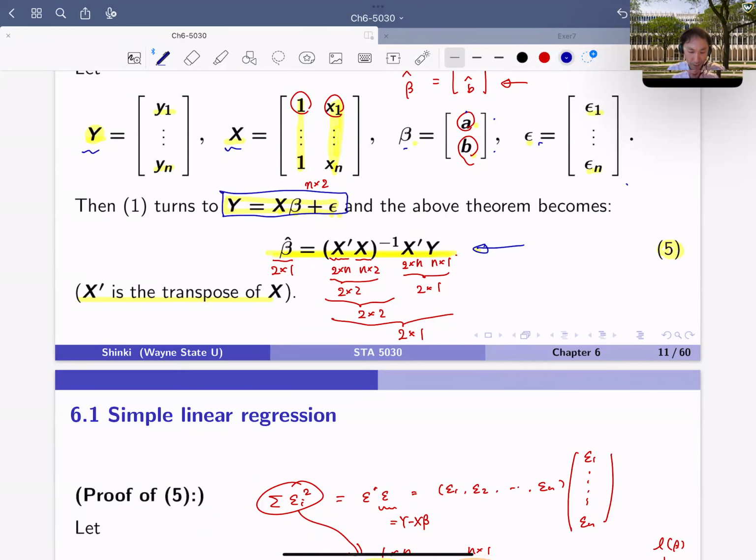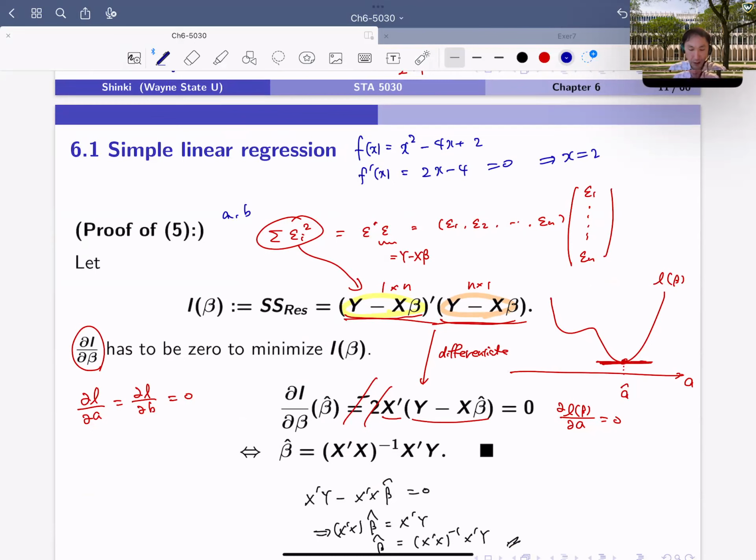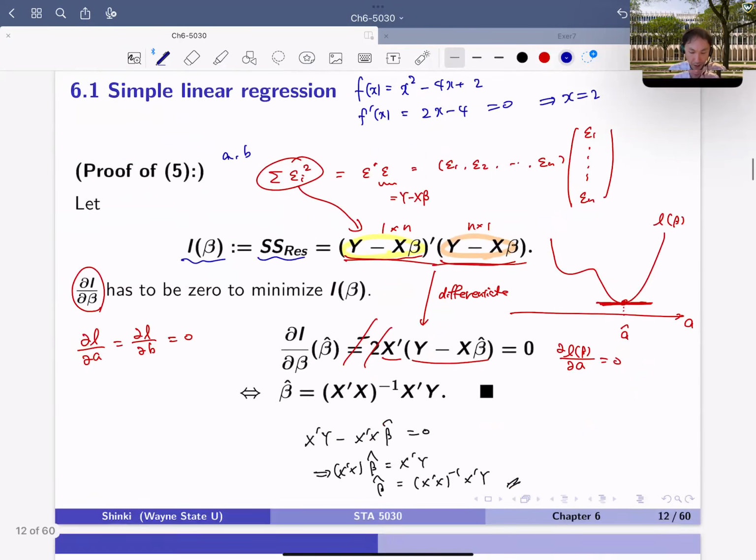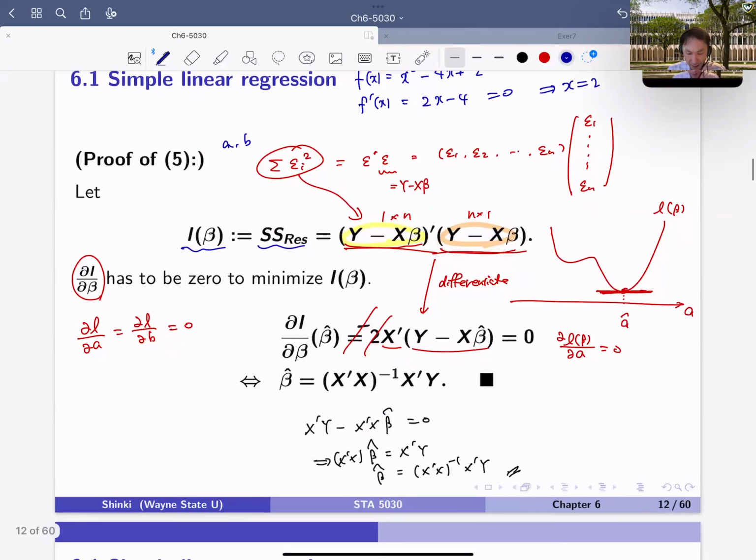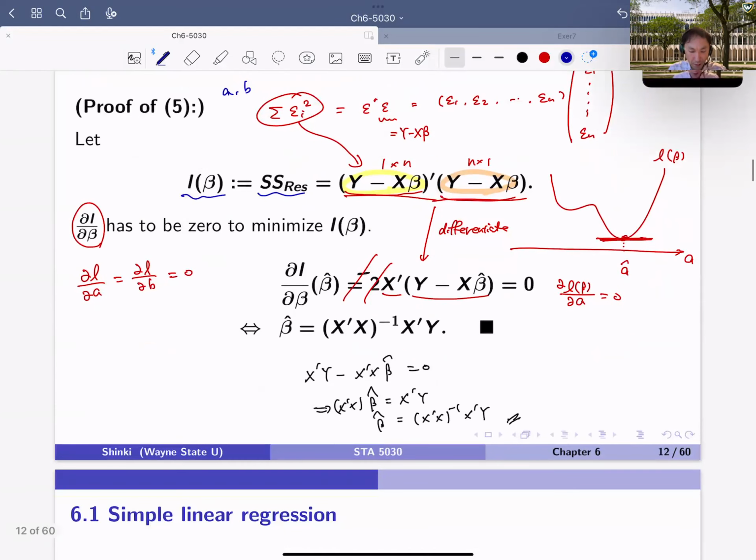And even if we have two variables, a and b here, we can still do the same thing. We differentiate the sum of squared deviations by a and b, and solve some linear equations, then we can get this beta hat. This is a pair of a hat and b hat as this.